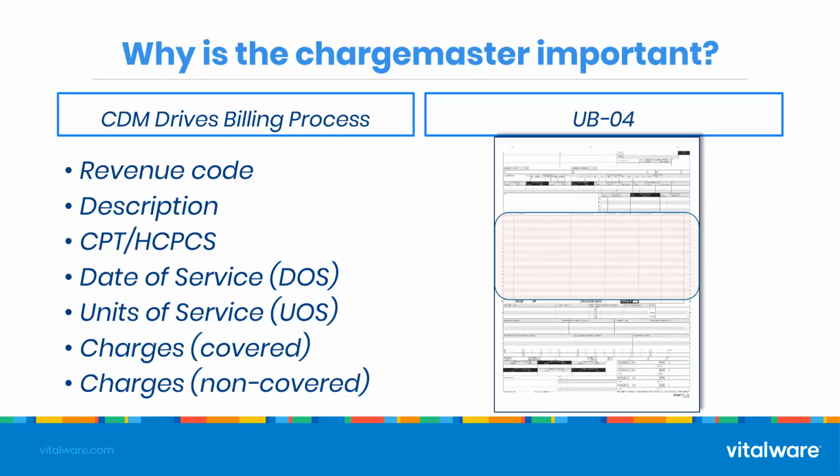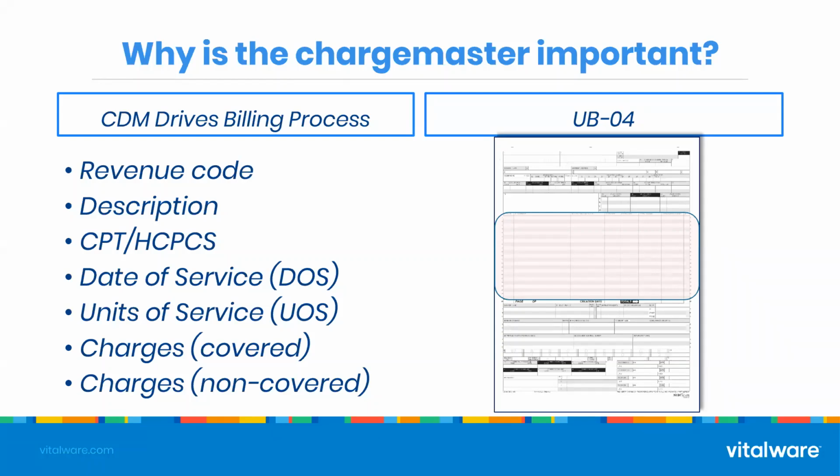Since all these charges come from the Chargemaster, it really is the driver of the billing process. Once all of the charges for a particular patient are entered, these charges pass through the patient accounting system and onto the patient claim or UB04 form.